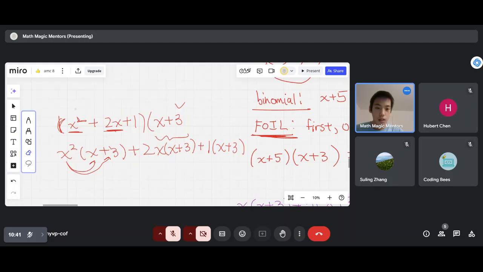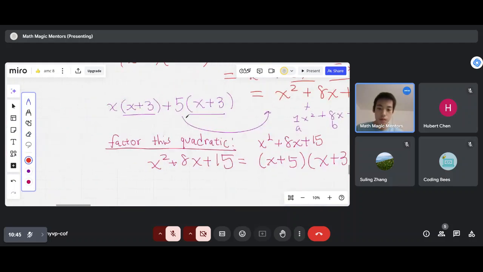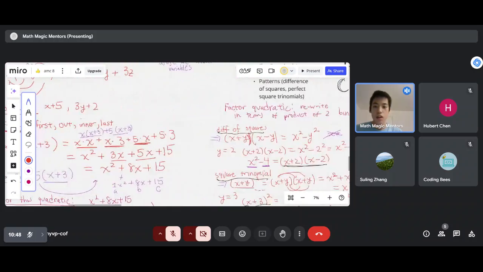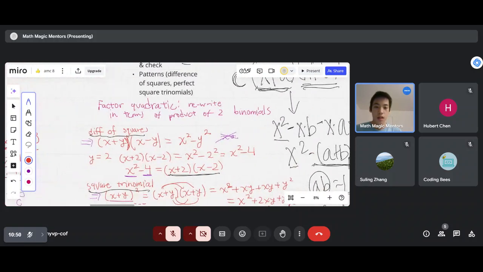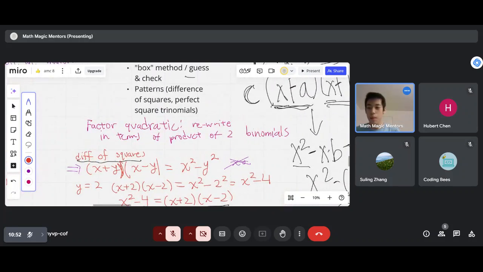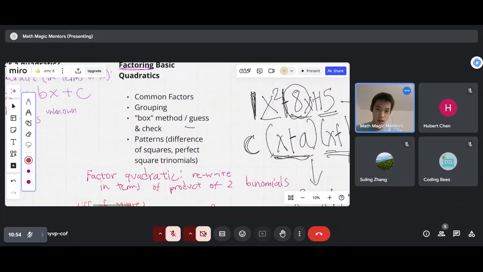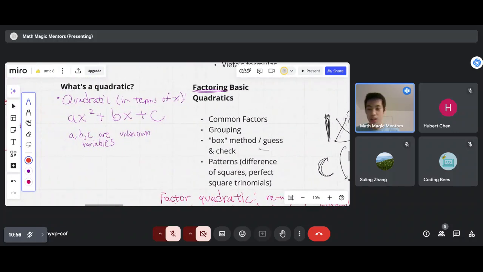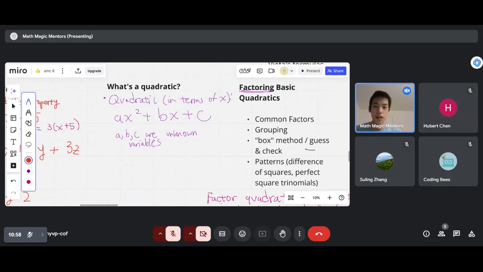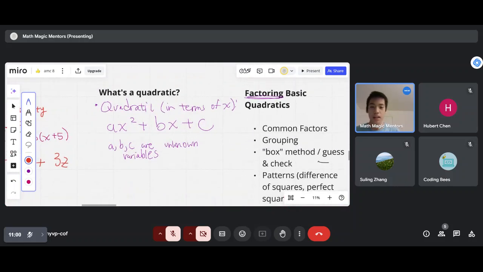Okay, cool. So now this brings up the question of factoring a quadratic. And so basically what does it mean to factor a quadratic? Well, let's actually first define what a quadratic is. So last week we covered that a quadratic is in the form of ax squared plus bx plus c, where a, b, c are unknown variables.